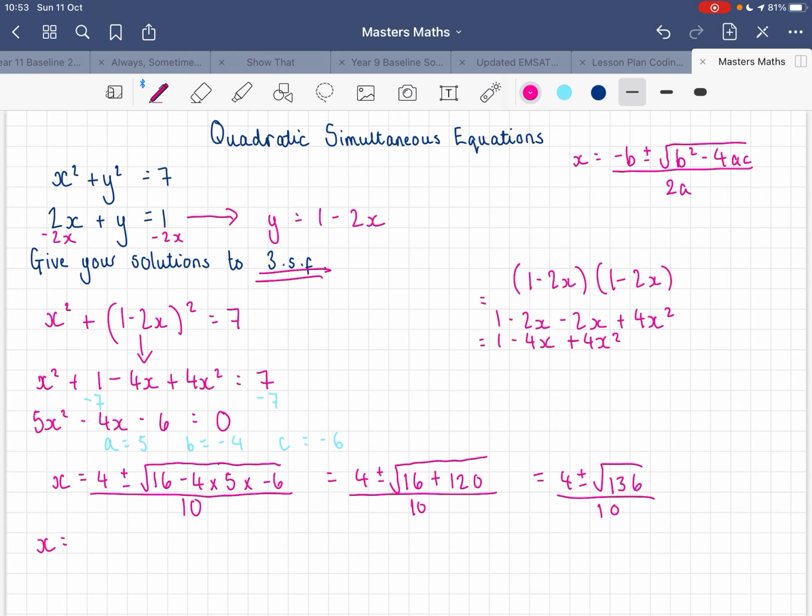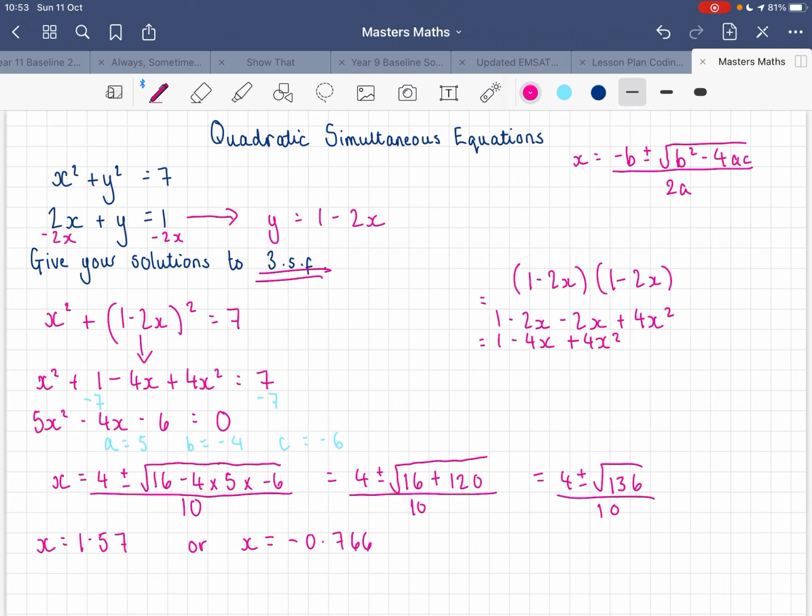So x equals, do it once with the plus, so 4 plus root 136 divided by 10 is 1.57 to 3 significant figures, or x equals 4 minus the square root of 136 divided by 10 is negative 0.766 to 3 significant figures.